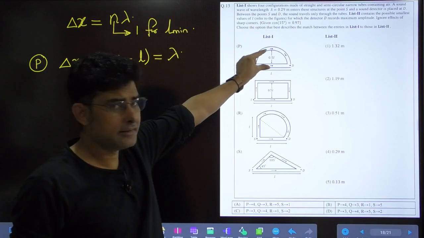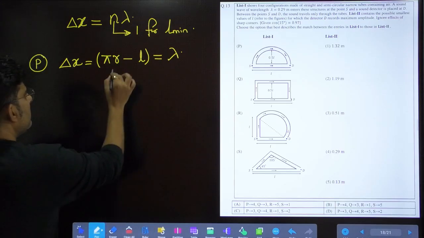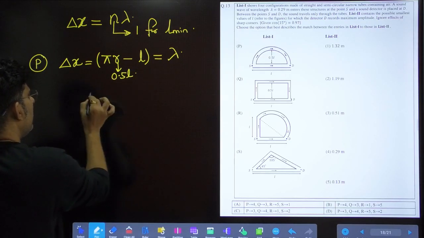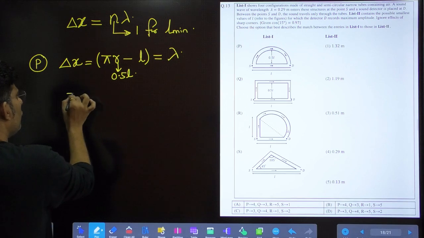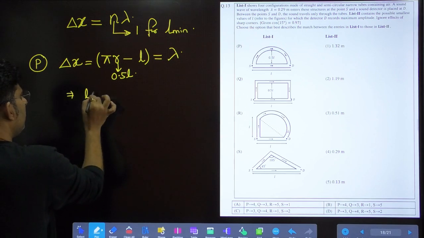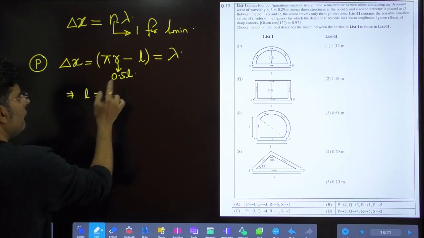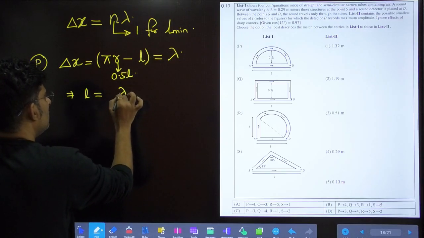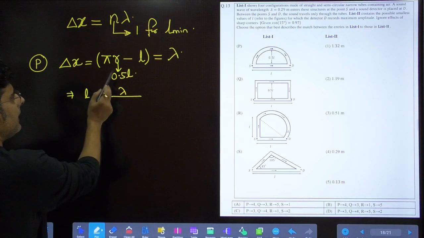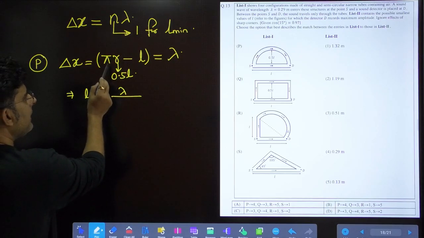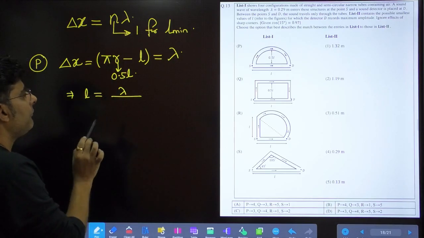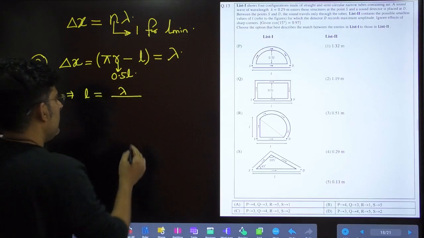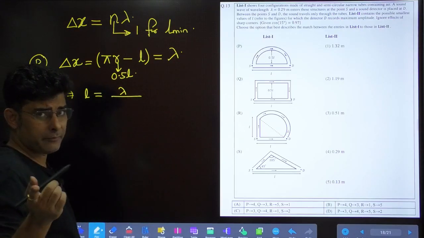You can see the radius is 0.5 L. So from here we have L equals lambda by 0.5 into pi minus L, that is pi by 2 minus 1 times L, pi is 3.14, right?